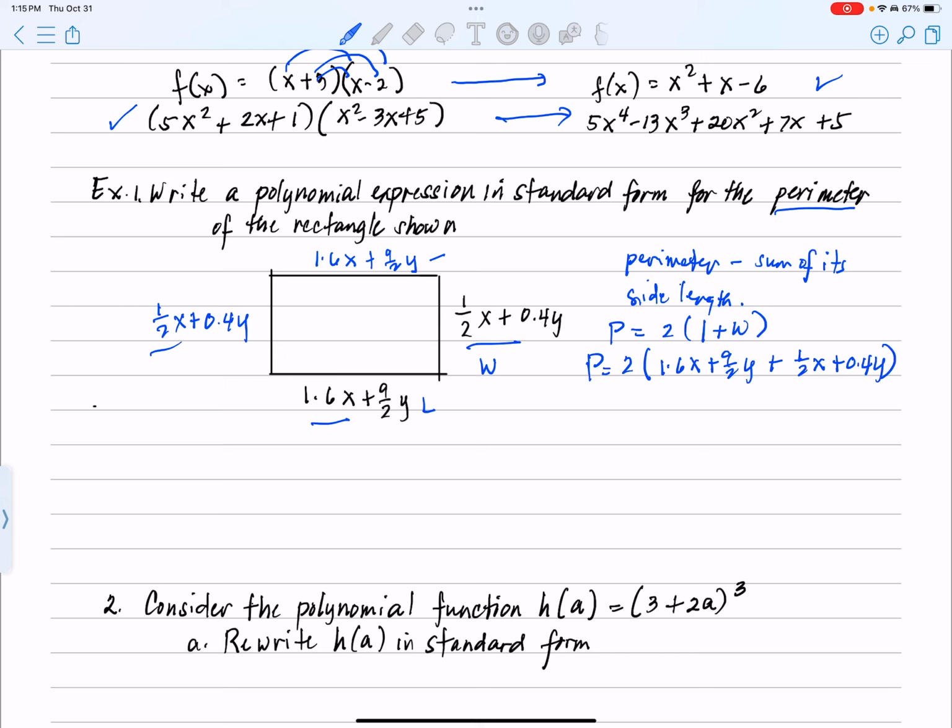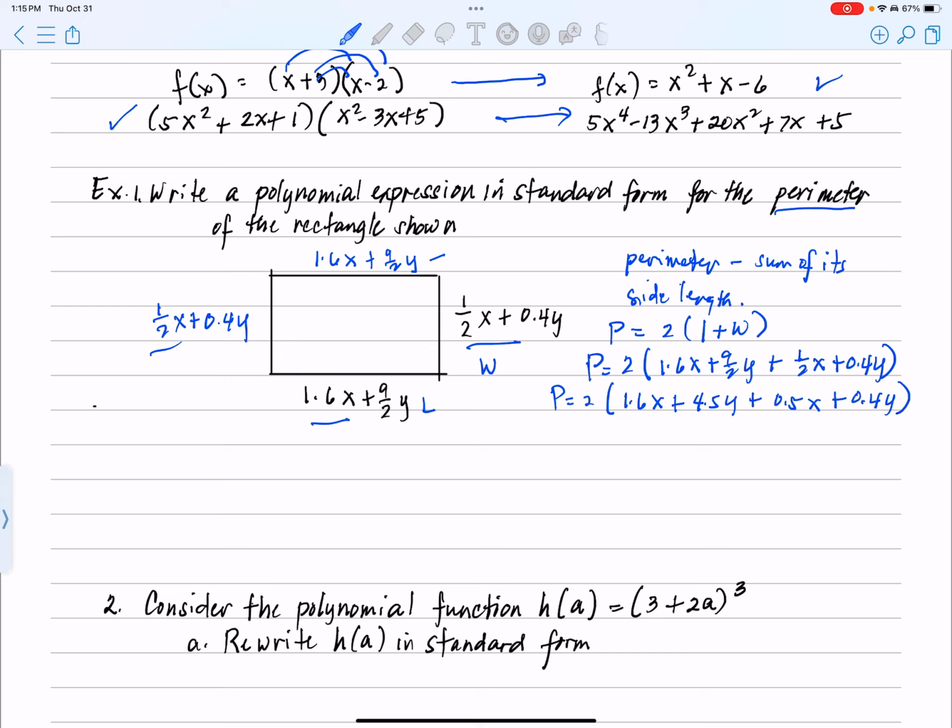We have a fraction, so we might as well take it out by making it a decimal, since we have decimal values here. 9/2 is 9 divided by 2, that is 4.5y. And 1/2 is 0.5x plus 0.4y.